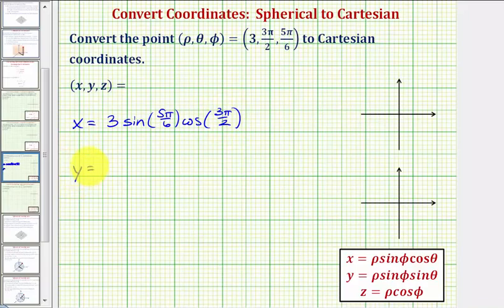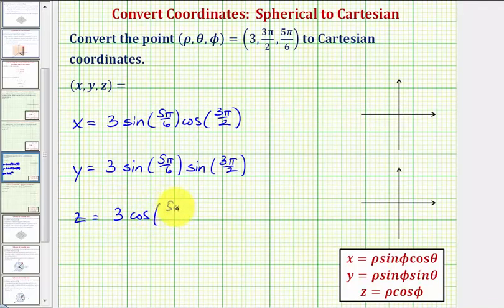And y is going to be equal to ρ times sine φ times sine θ, so we'd have 3 times sine 5π/6 times sine 3π/2. And then finally z is equal to ρ times cosine φ, which would be 3 times cosine 5π/6. Now to find these trig function values, we can use a unit circle or use reference triangles.